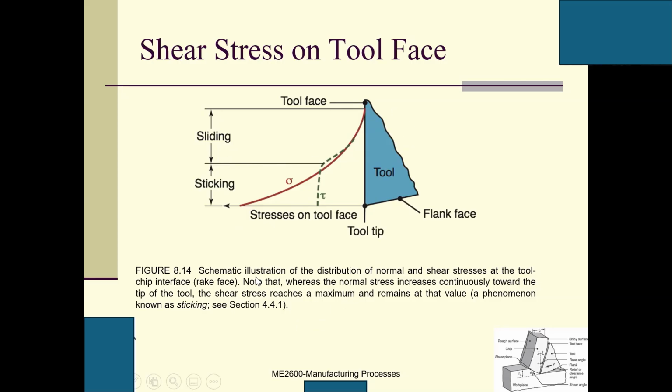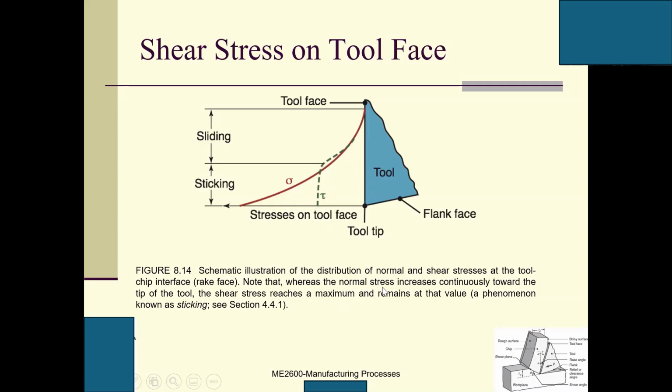So here is a distribution of normal and shear stress. This is the sigma, normal stress, and this is the tau, shear stress. So we have sigma and tau on the interface between the tool and the chip.